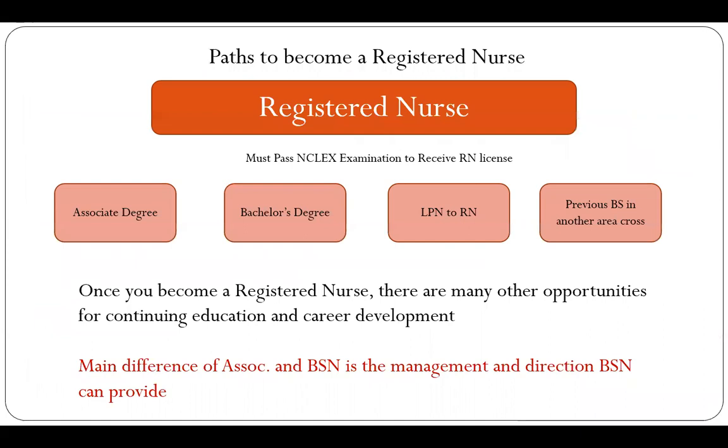So this is just a table that sums it up. You can have your associate, your bachelor's, your LPN to RN, or your previous BN. The main difference of ADN to BSN is management and the direction a BSN can provide. With the BSN, there will be certain jobs that you might want to apply for that are only open to BSN or higher.